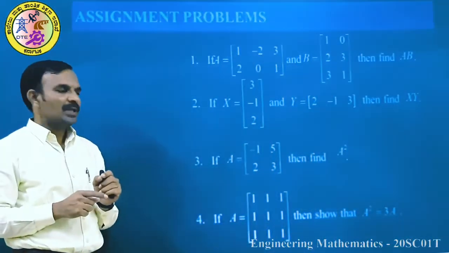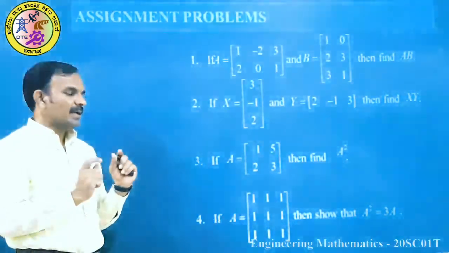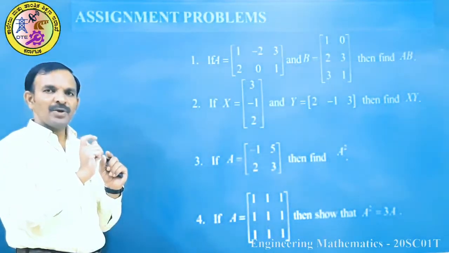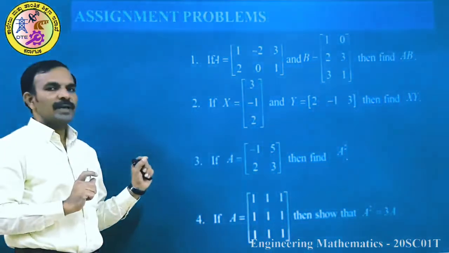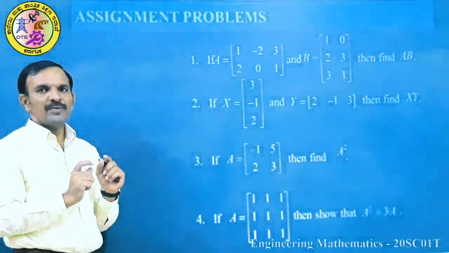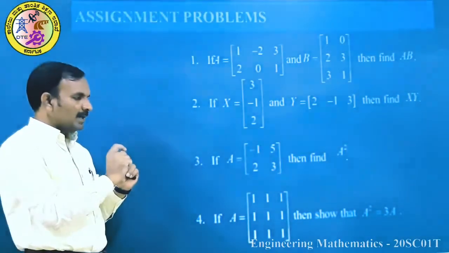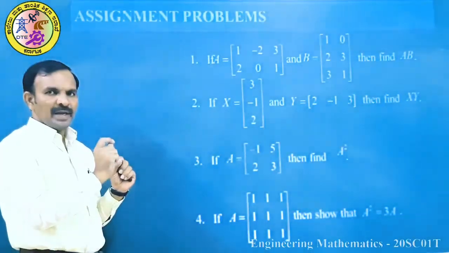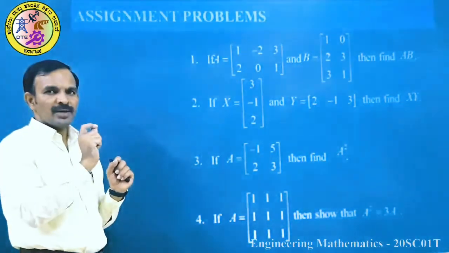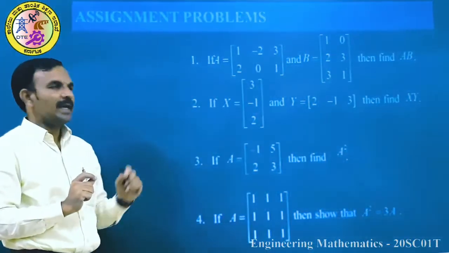Separately find the left-hand side and the right-hand side. Find A square separately, call it equation 1. Find 3A separately, call it equation 2. Compare these two, you will get the same values, therefore A square equal to 3A. Or after multiplying A into A, take 3 common from all elements, then you are going to get 3A.